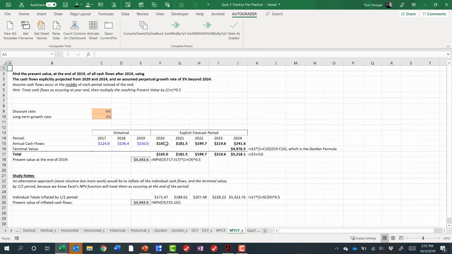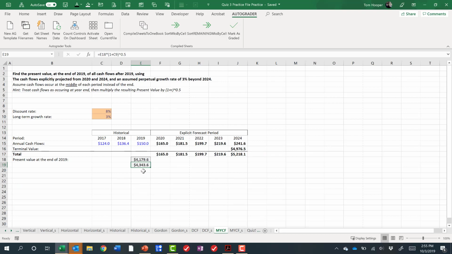We could have gone in and inflated each of these, moved it forward in time 6 months, made it that much bigger using that same adjustment that we did. And then when we took the net present value of these, they're larger, and Excel is treating them as if they're at the end of the year and giving us the larger NPV that way.